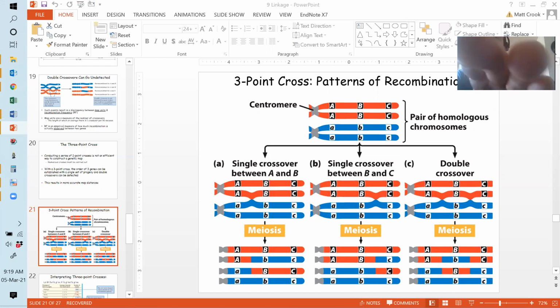Then step 3, work out distances. For crossover 1 or A, 1A, whatever you want to call it, add the single crossovers, one or A or whatever, the first one, whatever you want to call that, and the double crossovers.